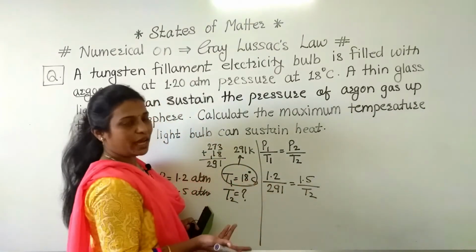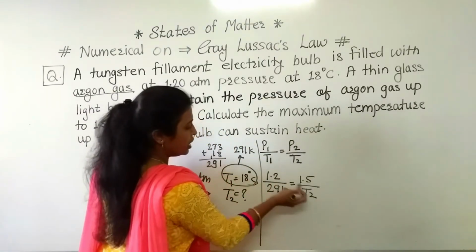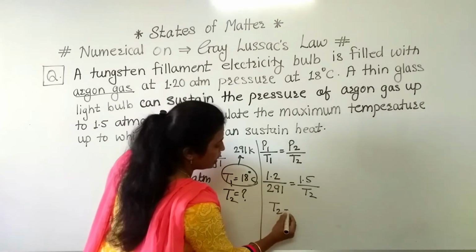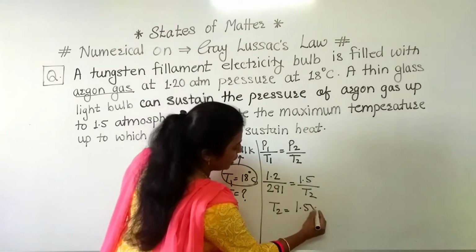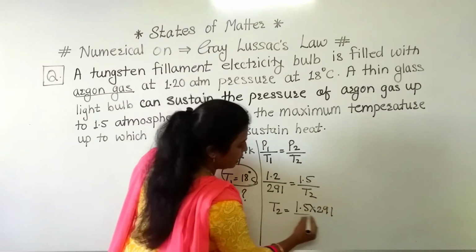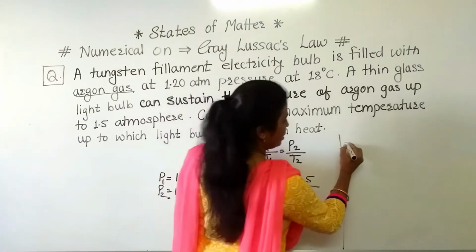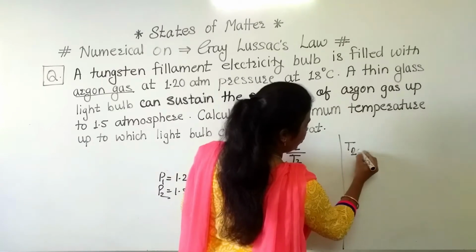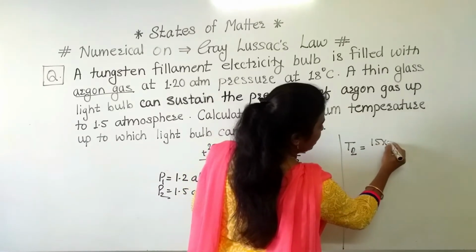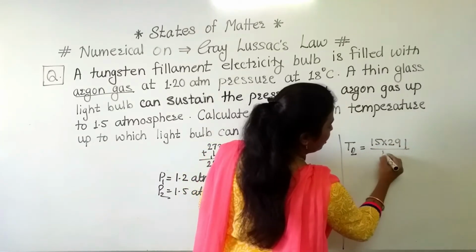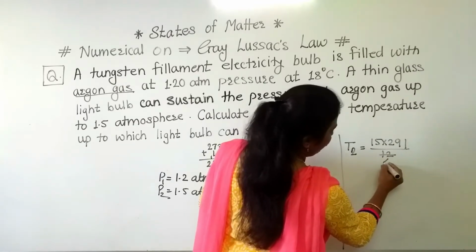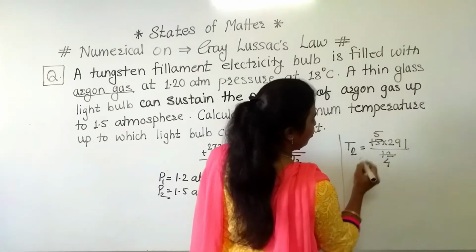So simply rearrange this equation. T2 will go to this side. Then T2 is equal to 1.5 into 291 divided by 1.2. After shifting the decimal, T2 is equal to 15 into 291 divided by 12. 3 4s are 12, 3 5s are 15.